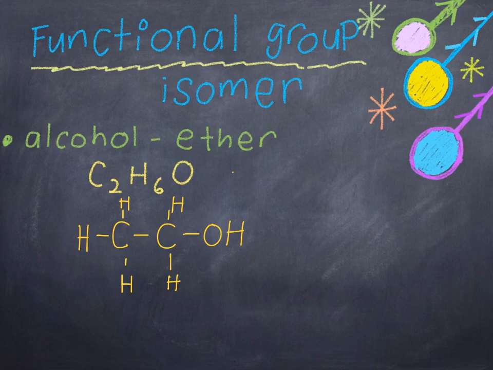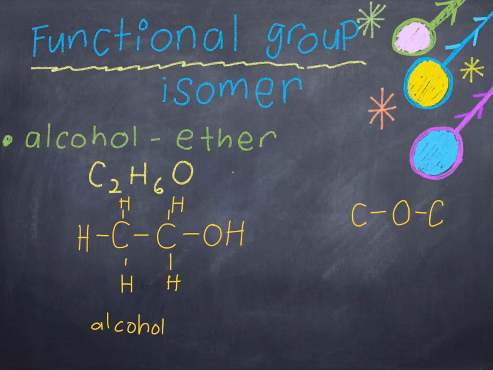So here is an alcohol compound, and for the other one, since you have memorized that alcohol should have the functional group isomer with ether, so ether should have what functional group? It should have C-O-C. So this is ether. How many carbon do we have? 2 carbon here.